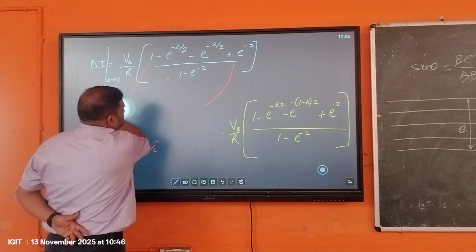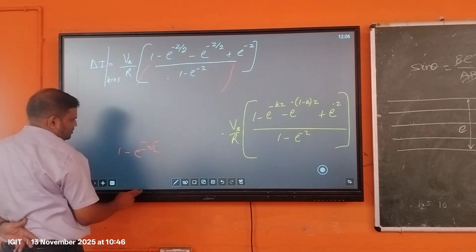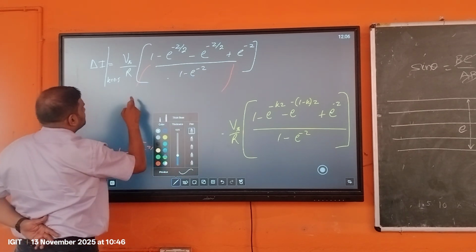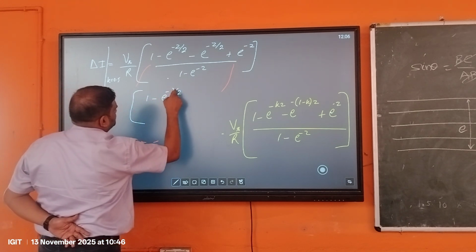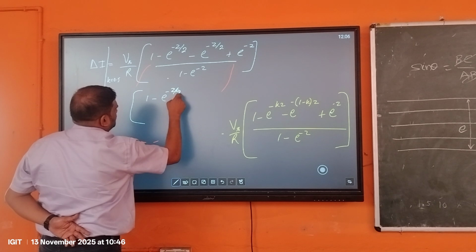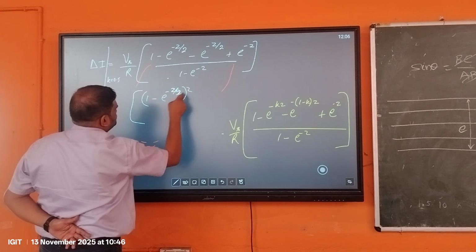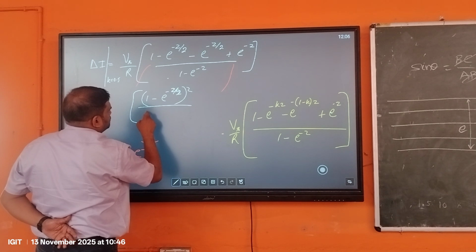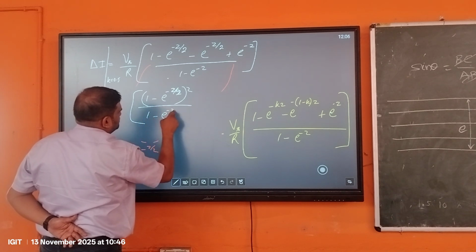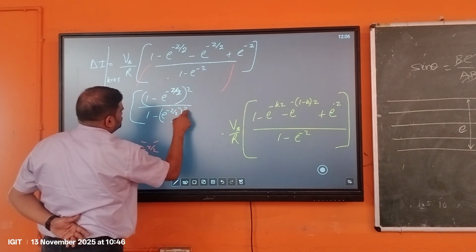So what we will do, we will represent this entire thing as on the top 1 minus e to the power minus z by 2 whole square, and the bottom is 1 minus e to the power minus z by 2 whole square.